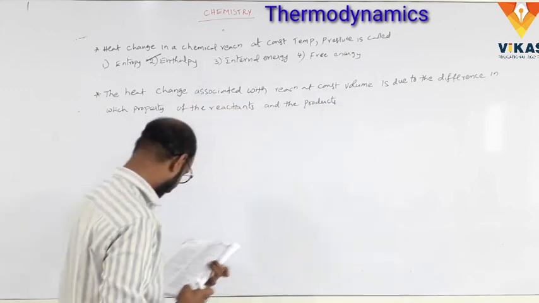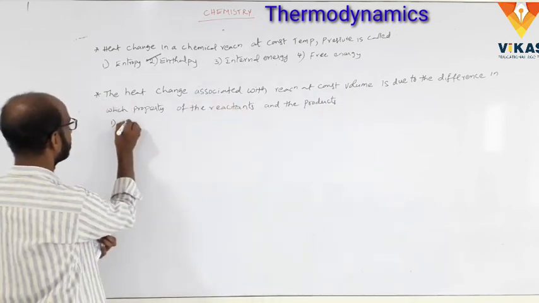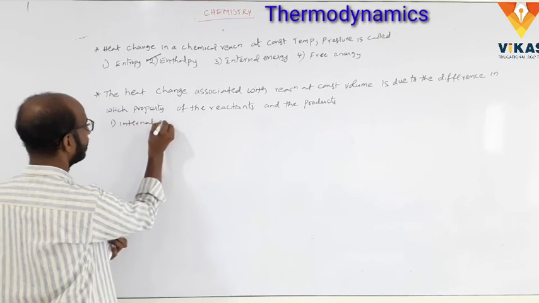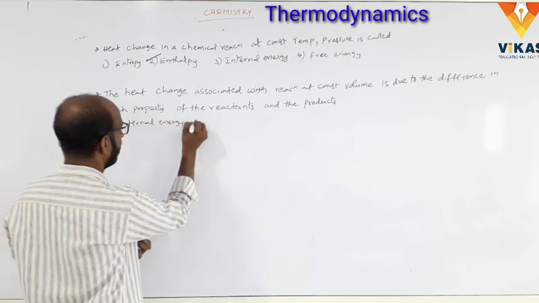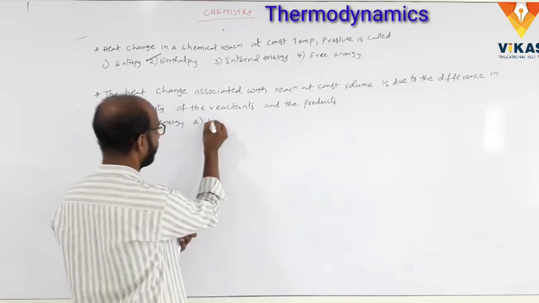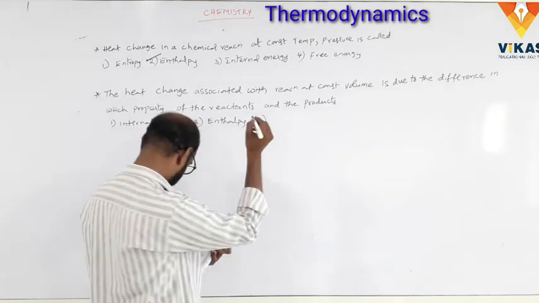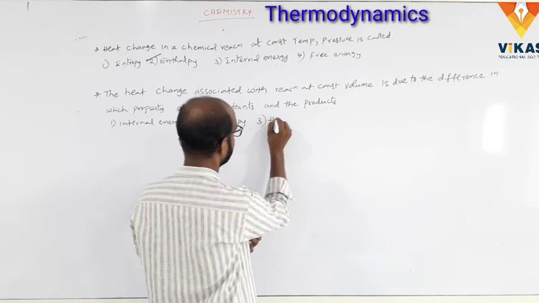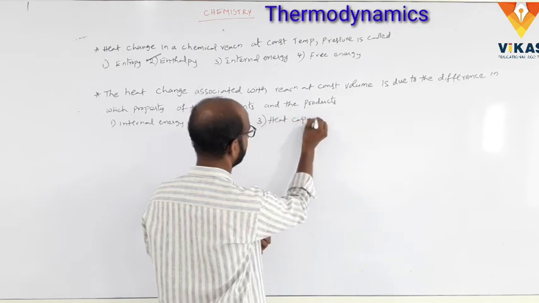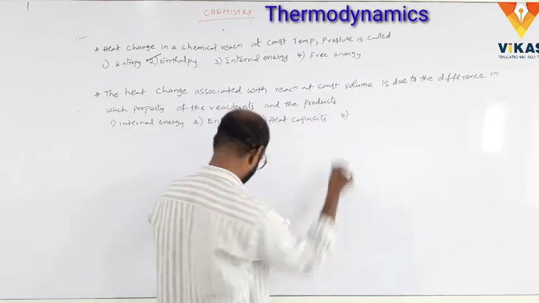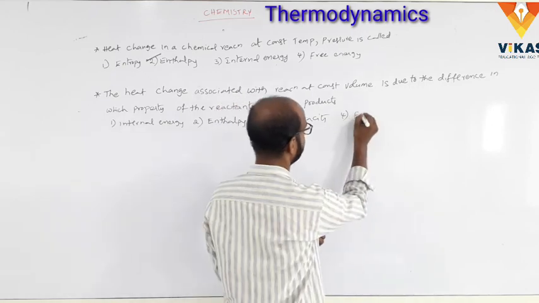Number 1, internal energy. Number 2, enthalpy. Number 3, heat capacity. Number 4, free energy.